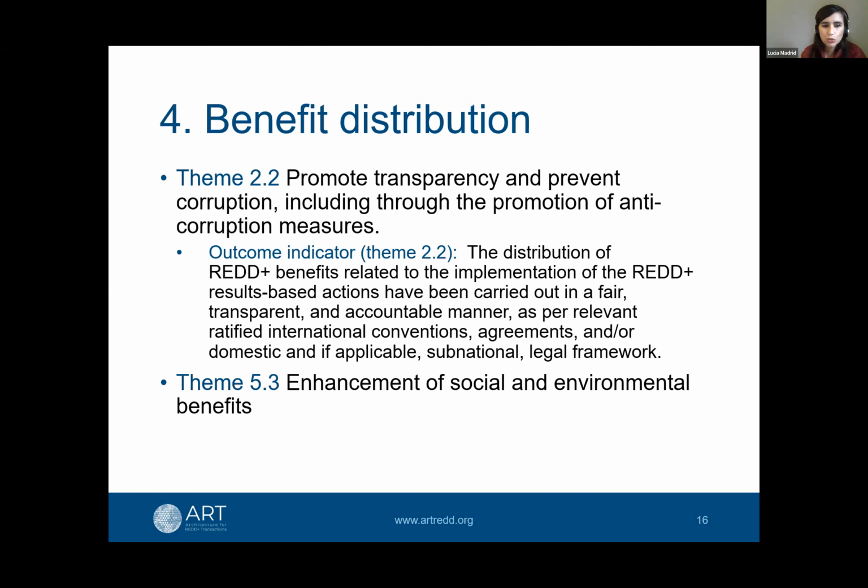Theme 2.2 requires that the distribution of REDD+ benefits related to the implementation of the REDD+ actions have been carried out in a fair, transparent, and accountable manner. This ensures that benefits are distributed as agreed upon. In addition, theme 5.3 requires participants to demonstrate how they have enhanced social and environmental benefits through the REDD+ activities.